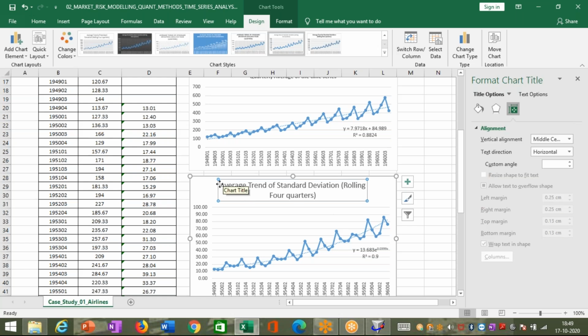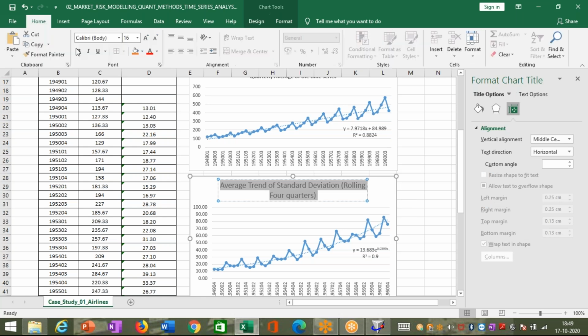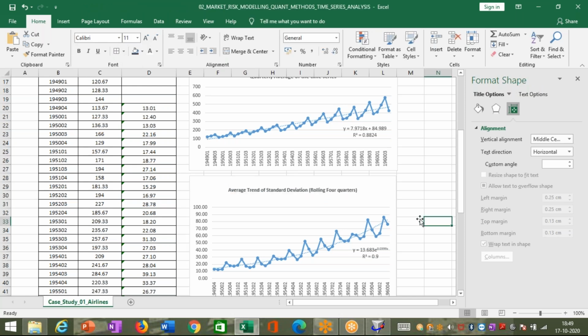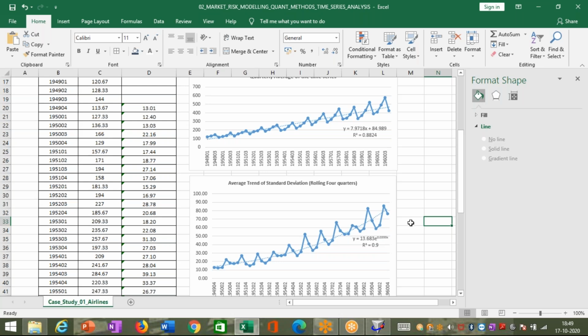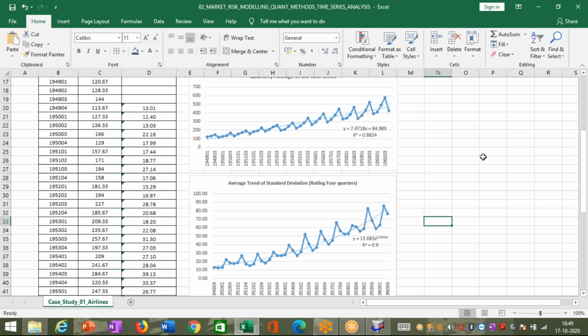This is one of the important characteristics of a non-stationary time series: the trend of the standard deviation increases over a period of time, right? So this trend increases over a period of time.